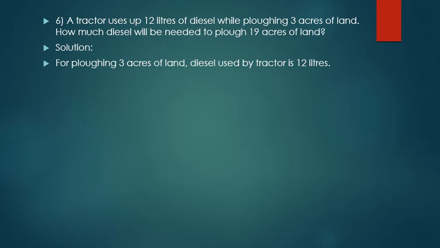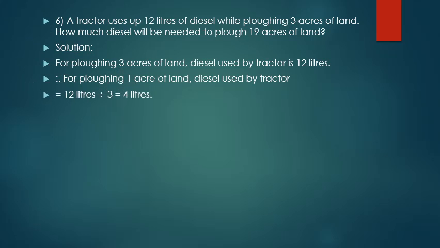For plowing 3 acres of land, diesel used by the tractor is 12 liters. So, for plowing 1 acre of land, diesel used by the tractor is 12 liters divided by 3. So, what is the answer? 4 liters.